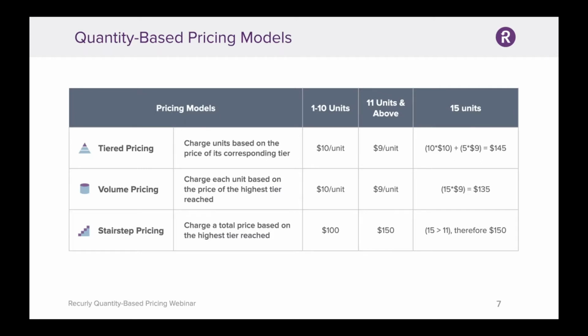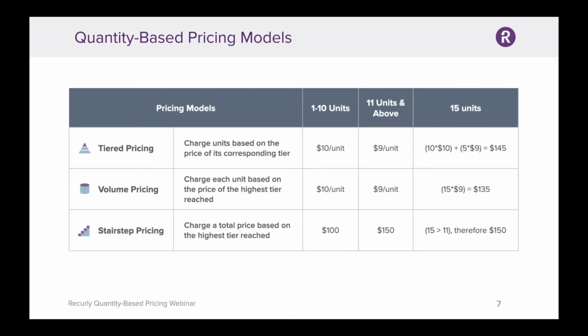So there's 3 pricing models here: tiered, volume, and stairstep. Don't get too caught up in the names. I think the important piece to take away here is they all use the concept of tiers. A tier can be products 1 to 10, 11 to 20, 21 and above. There's different types of unit ranges, and you have full flexibility on what your tiers should be and what your price should be for each tier.